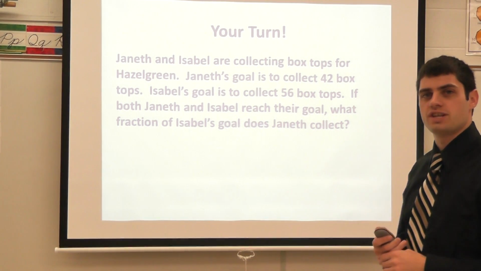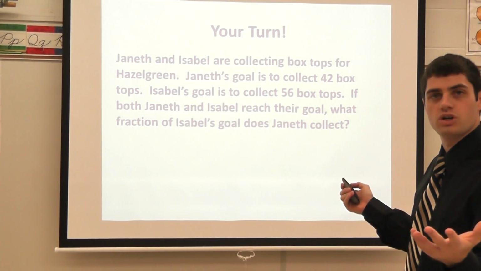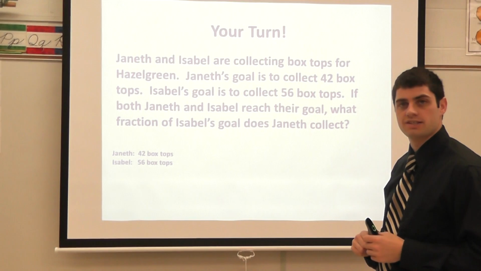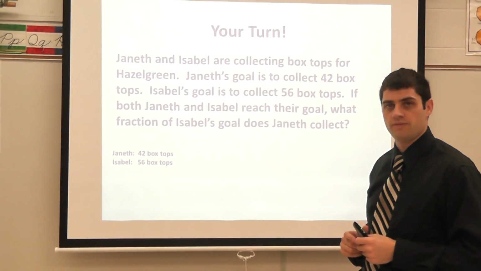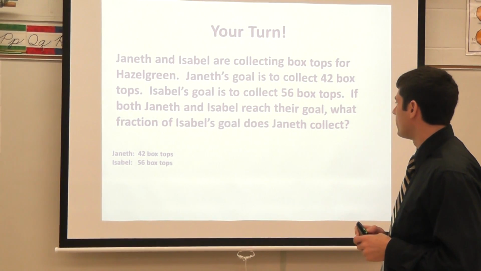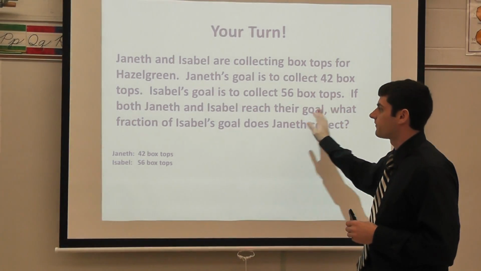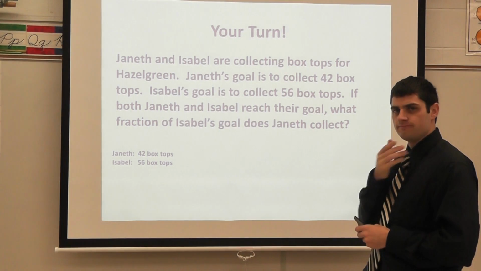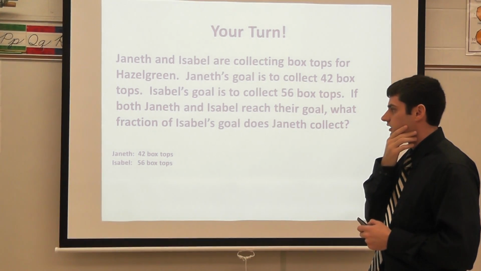Okay, the first step when solving a problem is basically, what do I know? Well, I know that Janet is going to collect 42 box tops and Isabel is going to collect 56 box tops. I know that the question wants to know what fraction of Isabel's goal does Janet collect? How could I show that?